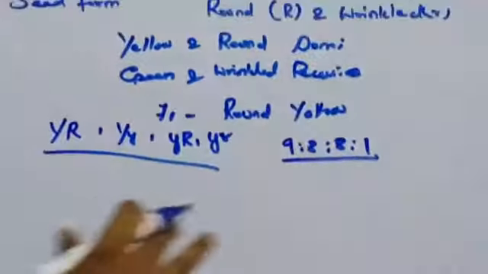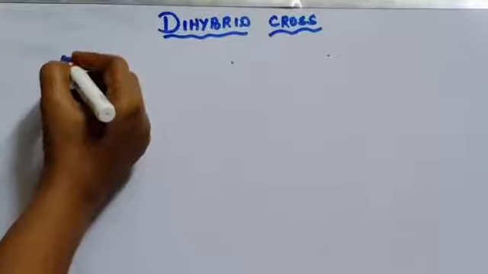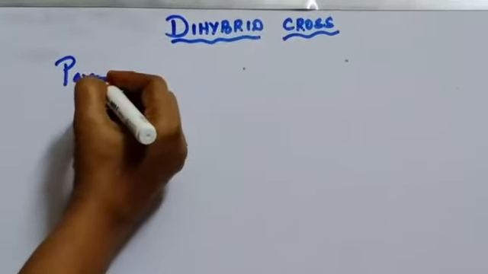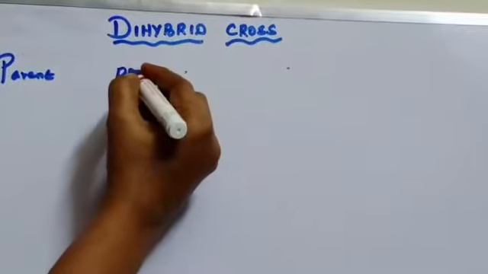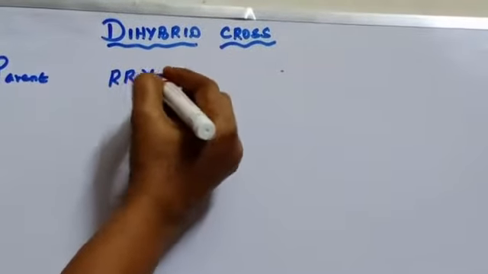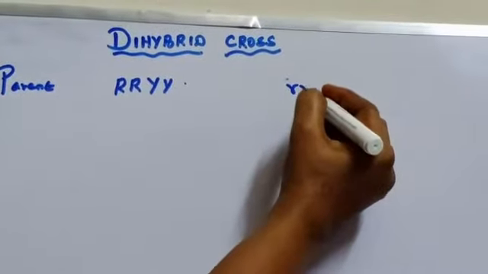Now we will see it in the checkerboard. Okay, let us see parent, that is round yellow, capital R, capital Y. Then wrinkled green, small r, small y.